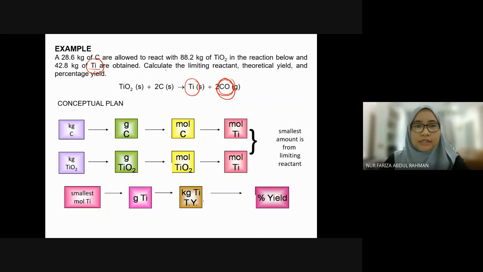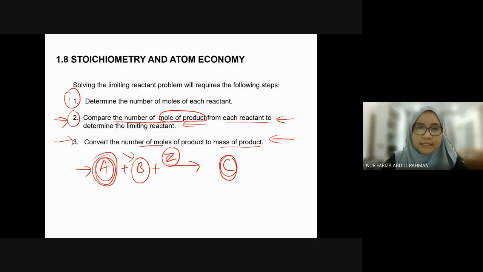So the question is asking to calculate the limiting reactant, theoretical yield and percentage yield. Okay, all right. So in order to calculate the theoretical yield, you have to know which one is the limiting reactant. Which one of these two reactants is the limiting reactant? We have to determine that first using the steps that we have learned here.